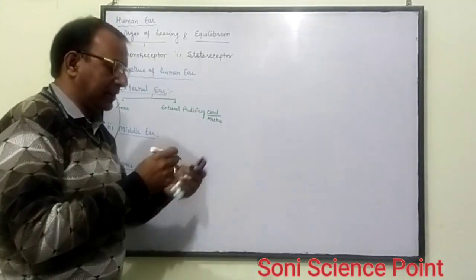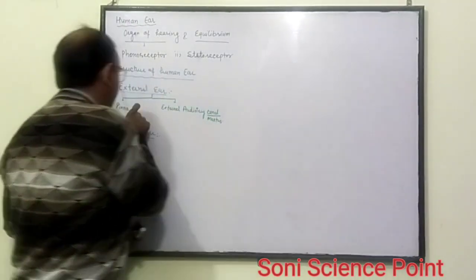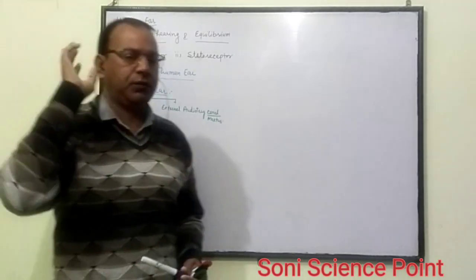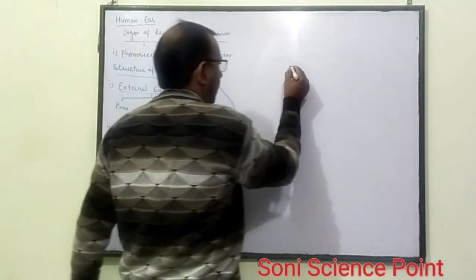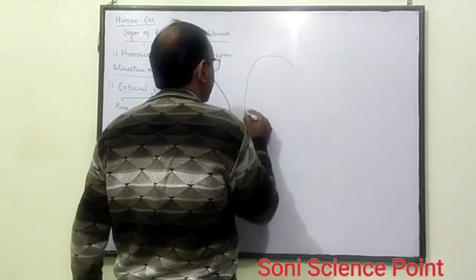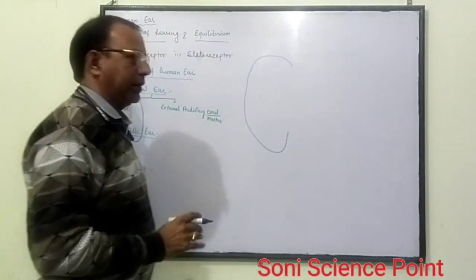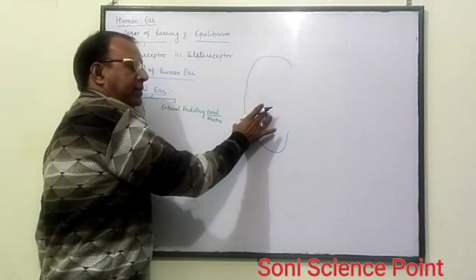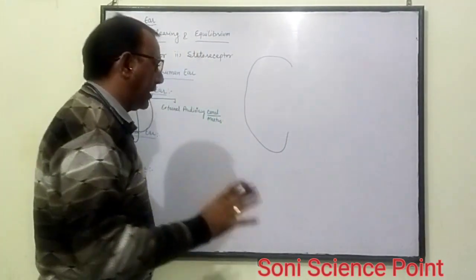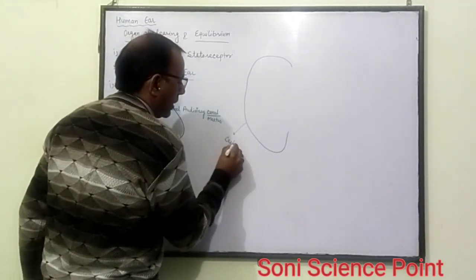Firstly, we draw the diagram of the human ear. The pinna is a flap-like structure which is external, made up of cartilage.